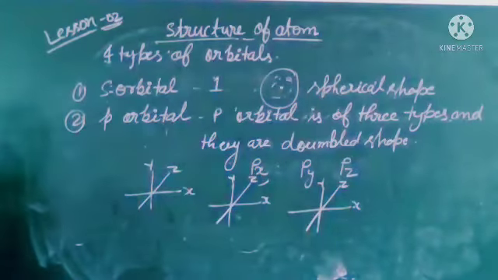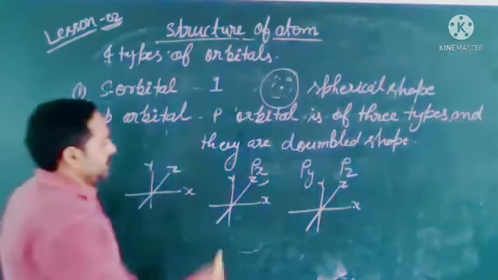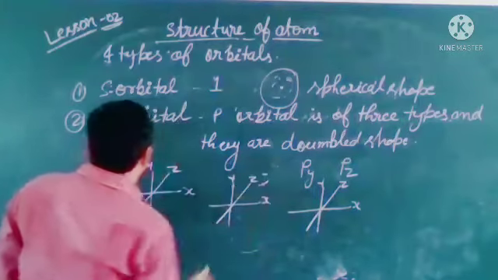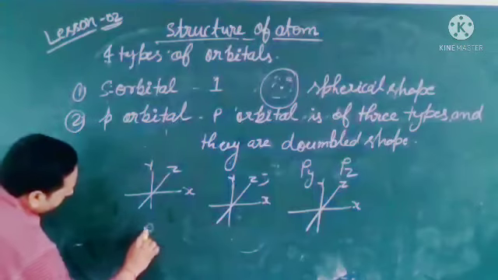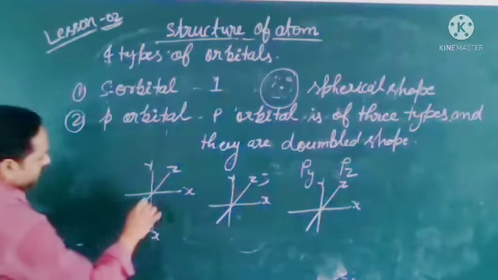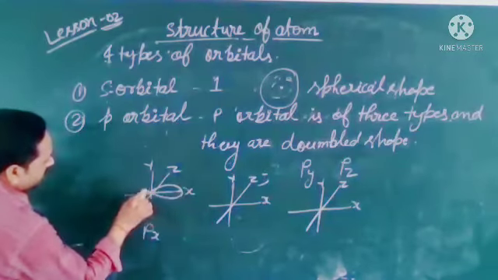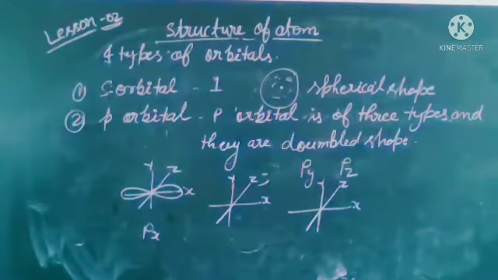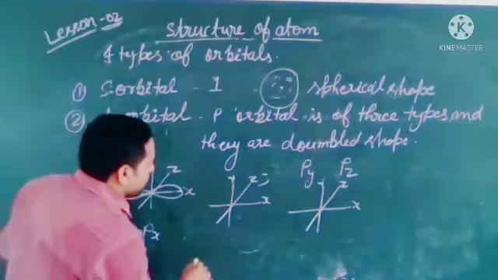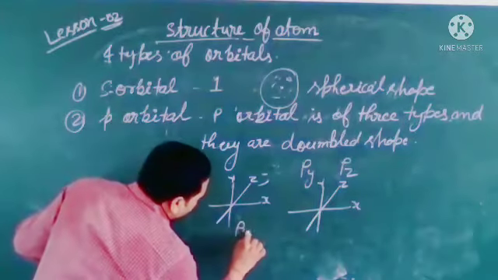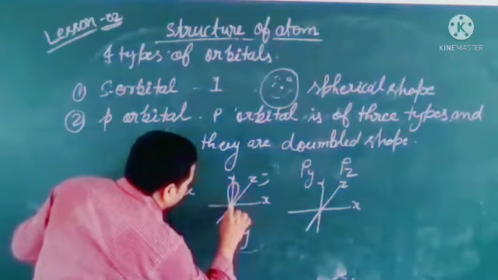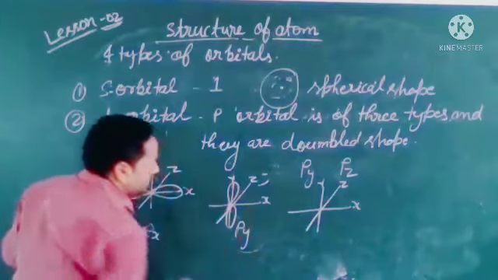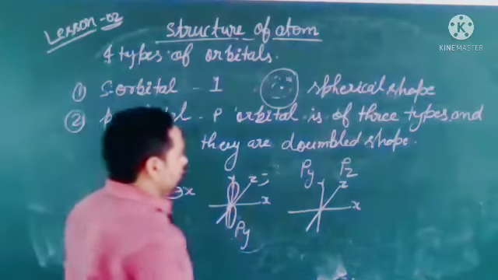So how to draw them? First is Px. So I will write here Px. This is the Px orbital. Next is Py, the Py orbital like this, and the Pz orbital.